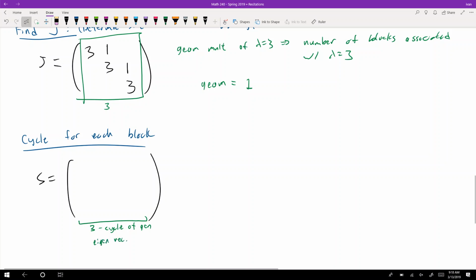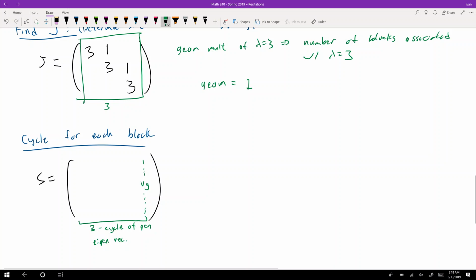And it's going to look like the following. In the third column, I'm going to have a vector I'll name VG, as it's one of the generalized eigenvectors that I find.